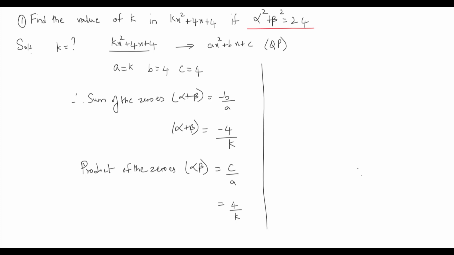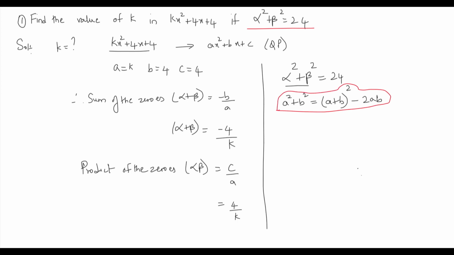Using the condition which is given, that is alpha square plus beta square is equal to 24. Now when you see this, it is in the form of a square plus b square. What is a square plus b square? A plus b whole square minus 2ab. We have to remember this formula to solve this problem.